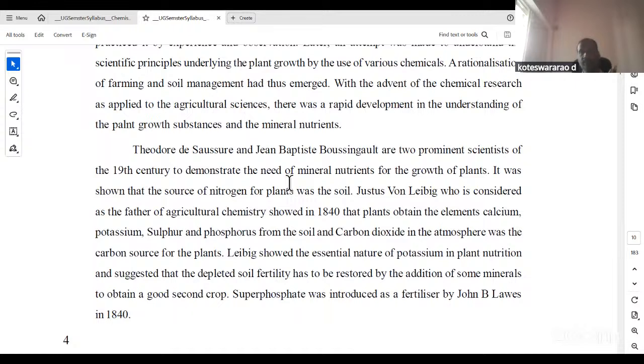Therefore, whenever we apply potassium to the soil, it will be restored, and adding some other minerals also strengthens the soil for the second crop. For example, superphosphate was introduced as a fertilizer by John Lawes in 1840.